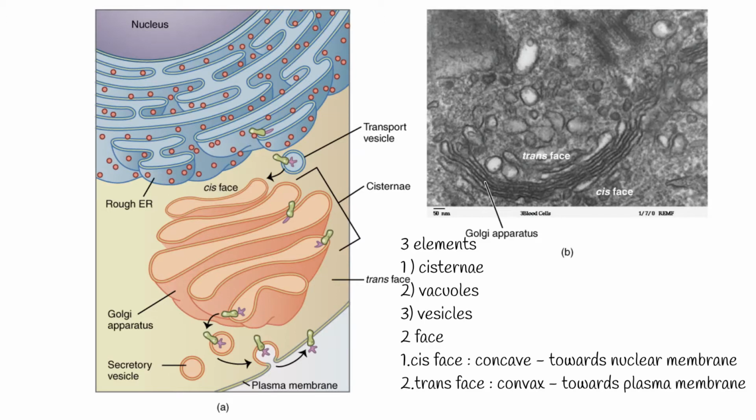From the nuclear membrane itself arises the endoplasmic reticulum. From the endoplasmic reticulum come vesicles, which either have protein if they come from rough endoplasmic reticulum, or have lipid if they come from smooth endoplasmic reticulum.